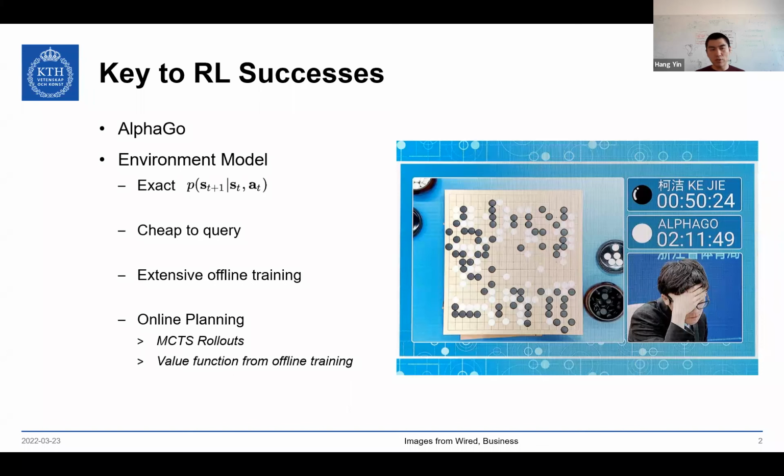And an important lesson from the AlphaGo success is that it's also important to incorporate online planning. You merge what you get from the offline estimation of your value function with some kind of tree-based search online. Which might be crude, but if you combine it with an offline estimated value function, this becomes very effective.